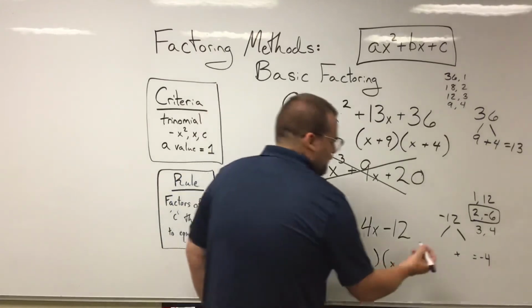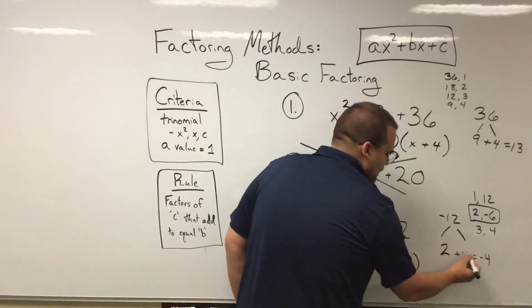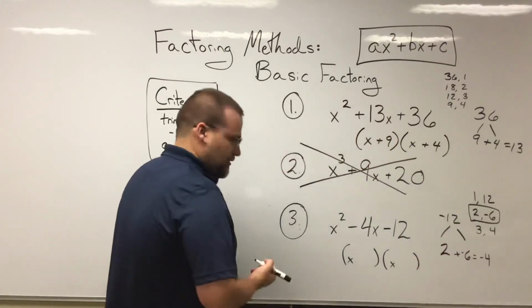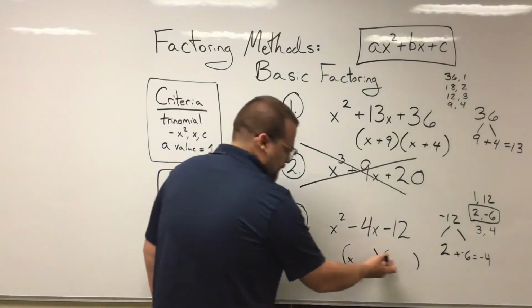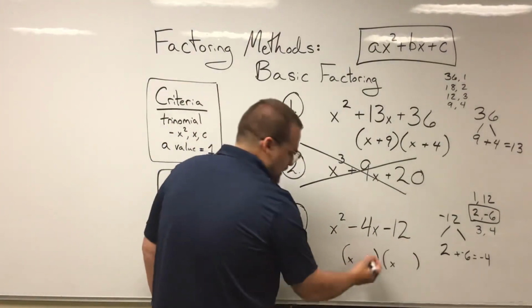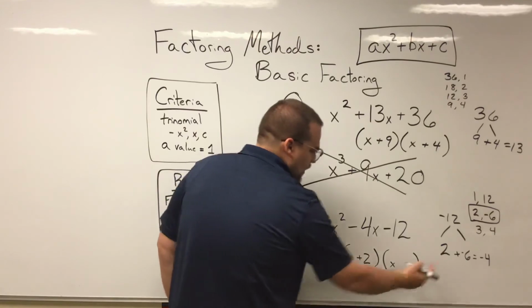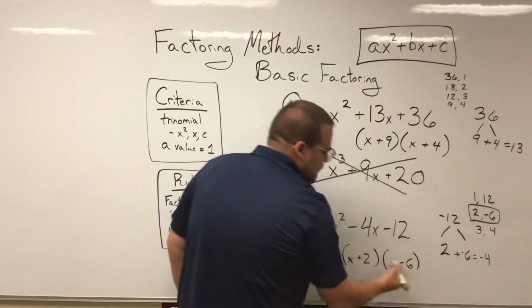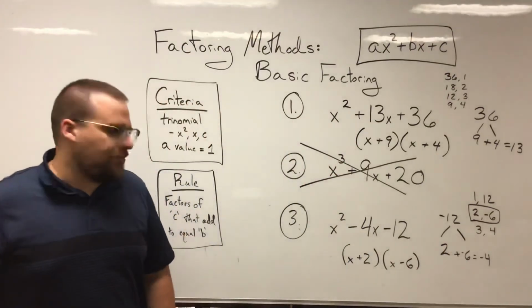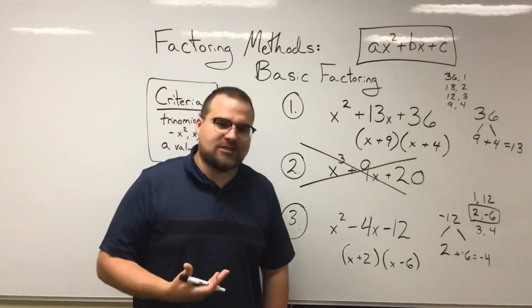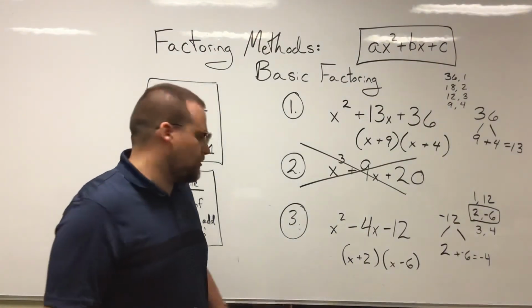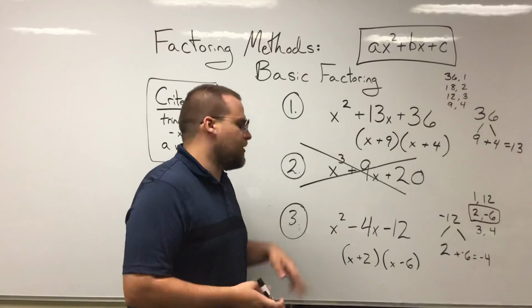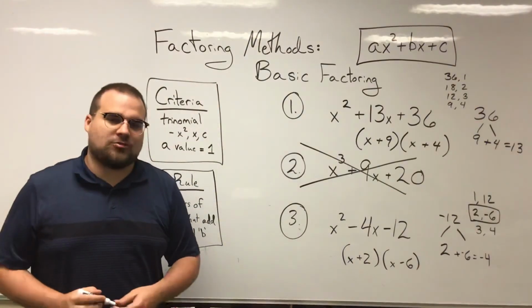All right, so I'm going to go ahead and write that in here. 2 and negative 6, those are my factors. And then I'll get to write those in my binomials. A positive 2 and a negative 6. So we get the binomials x plus 2, x minus 6 as the factors, or the factored form, of x squared minus 4x minus 12.